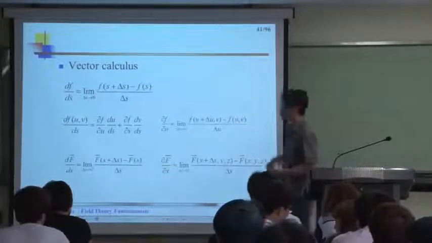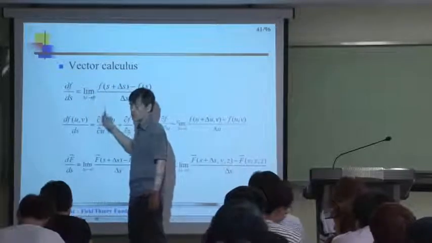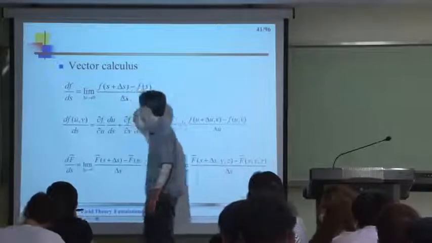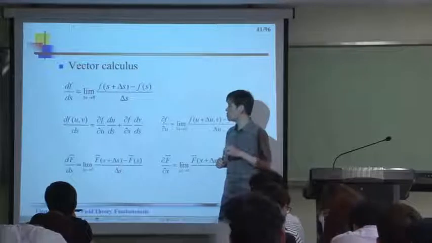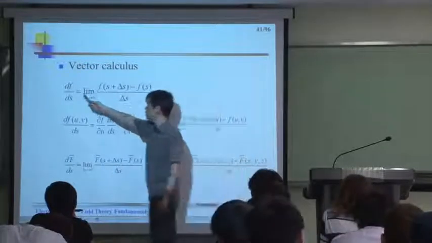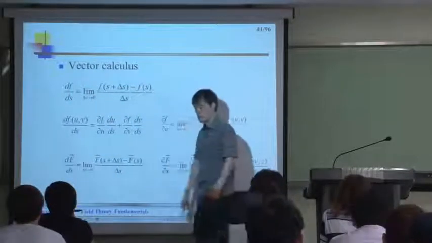So it is the definition of the differentiation. 미분의 정의죠. 스칼라 함수에 대한 미분의 정의는 이렇게 주어집니다. You are already familiar with this definition. d phi ds is given by this way.